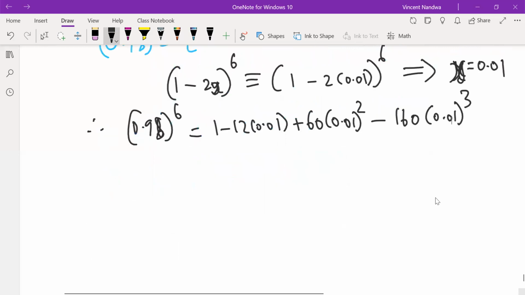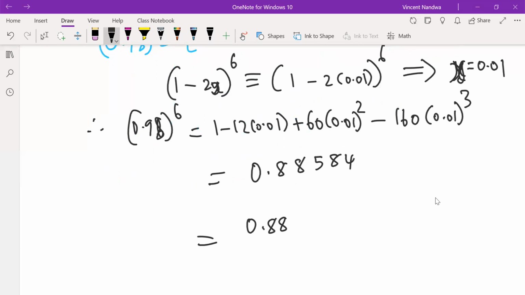On substitution, we get 0.88584, which is the same as 0.886 to 3 decimal places.